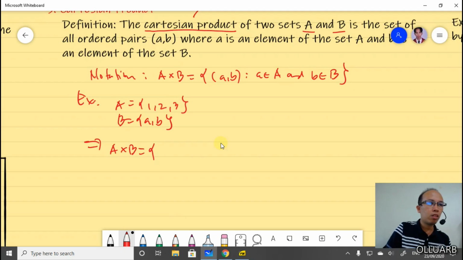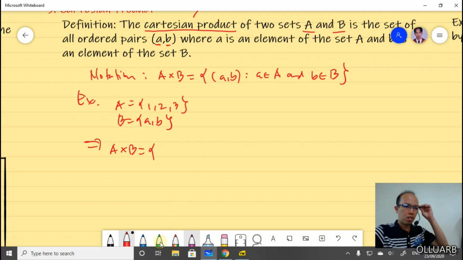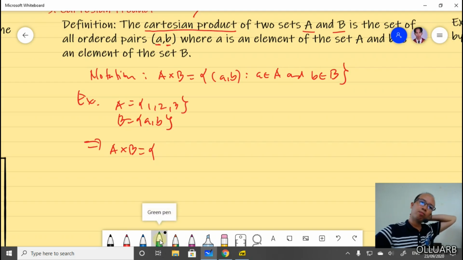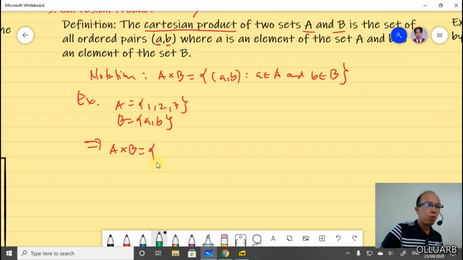Notice here that A is written first and then B comes, meaning to say the first coordinate comes from the set A, then the second coordinate comes from the set B. So from here, let's try color green. 1a, 1b.